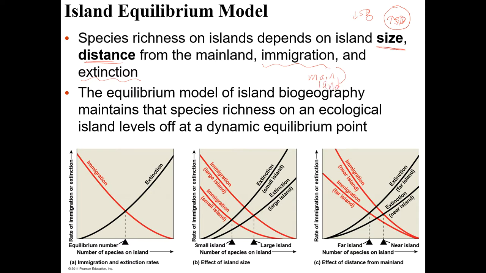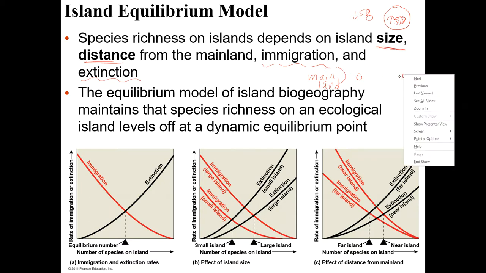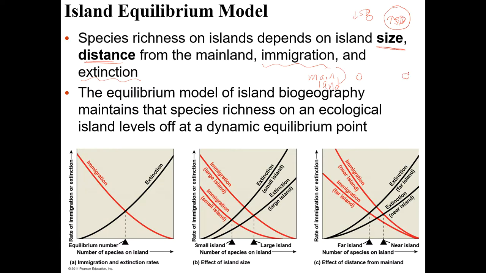And if we're looking at distance, here's an island that's close to the mainland, and here's an island that's further away from the mainland. And so we would think that the island that's close is going to have a higher species diversity, and the island that's further away from the mainland is going to have a lower species diversity. And that has to do with a couple of things, immigration to the island and extinction on the island.